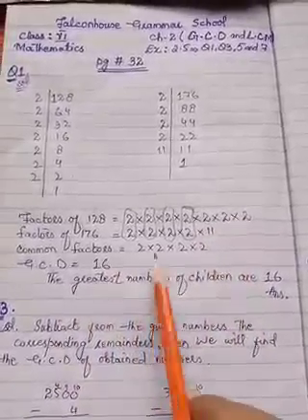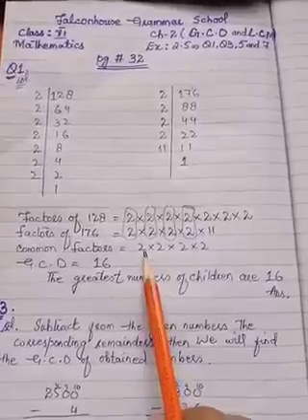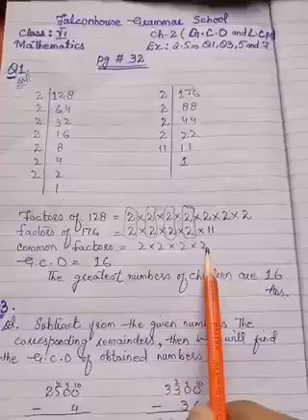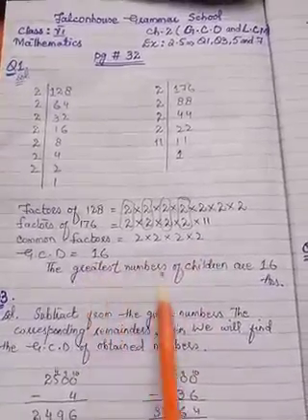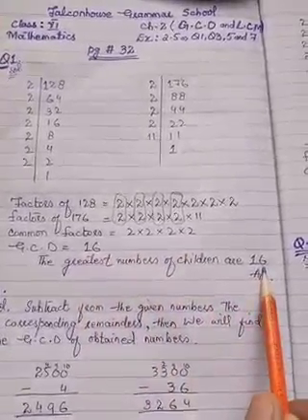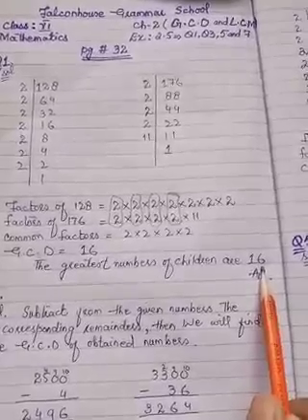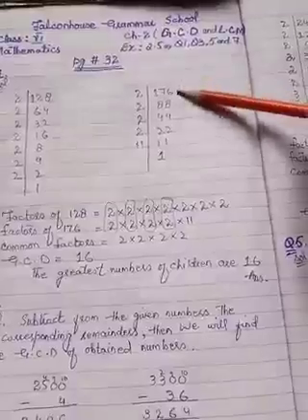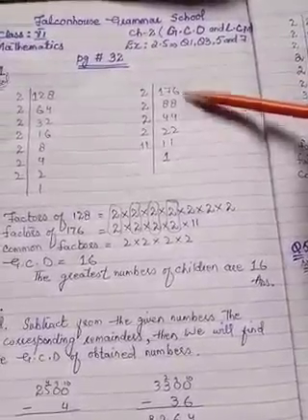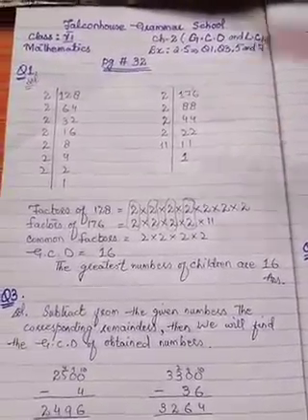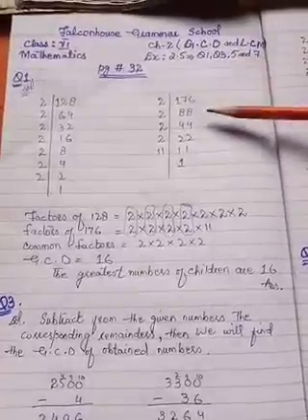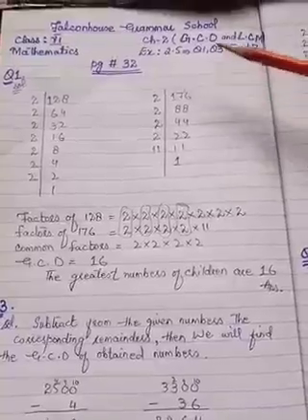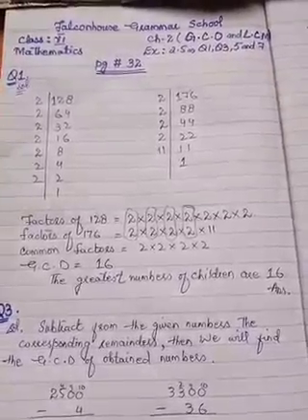The product of common factors: 2 2s are 4, 4 2s are 8, 8 2s are 16. So it means the greatest number of children is 16. Among 16 children, we can divide 128 apples and 176 oranges completely. I hope the concept of how to find the greatest number of children is clear.